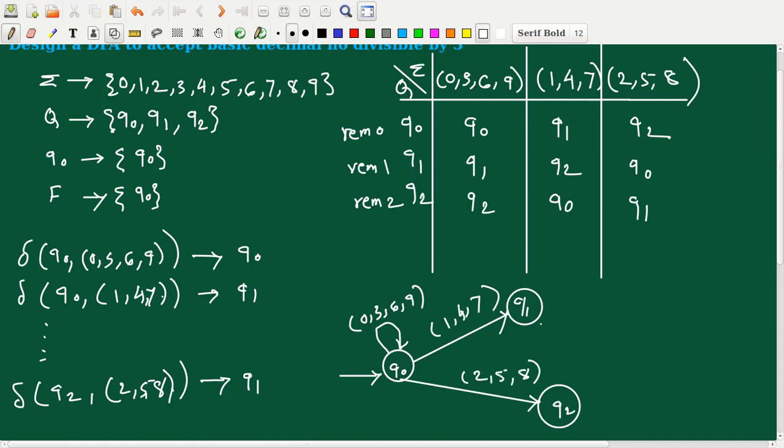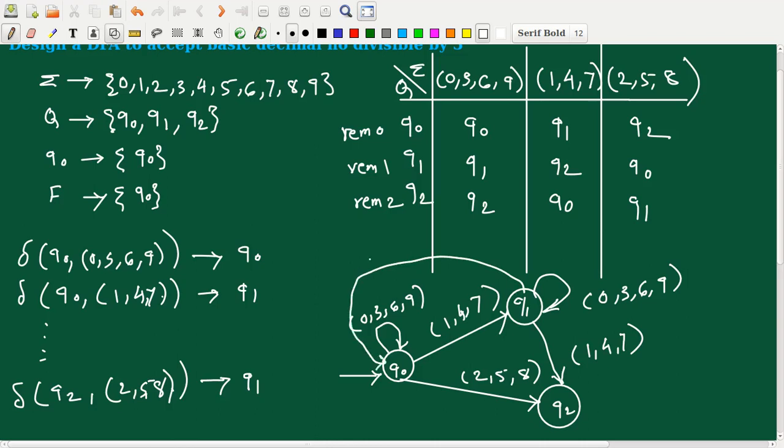The next, q1 with input 0, 3, 6, 9 is going to q1 itself. Then q1 with input 1, 4, 7 is going to q2, and q1 with input 2, 5, 8 is going to q0.